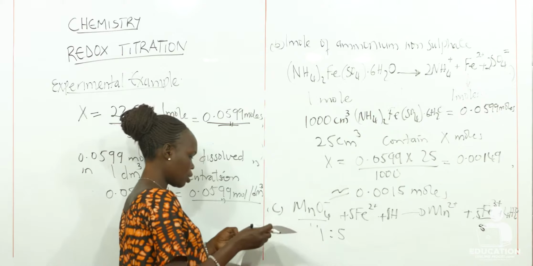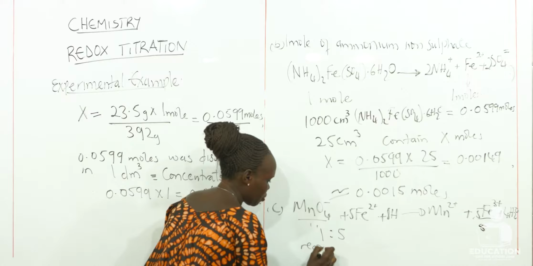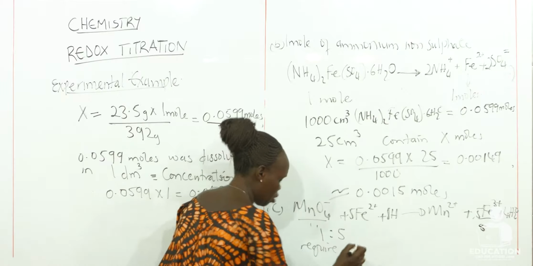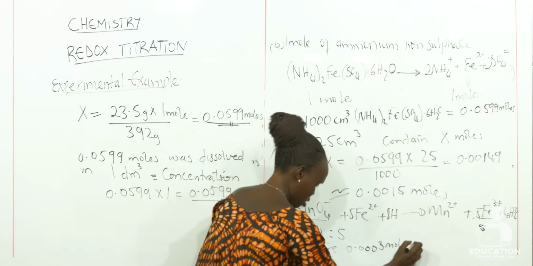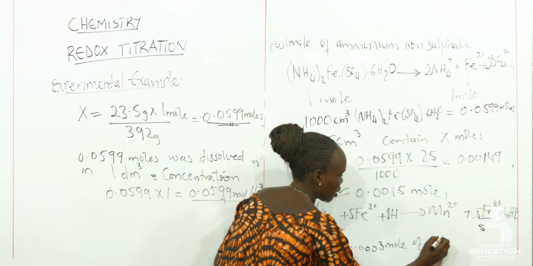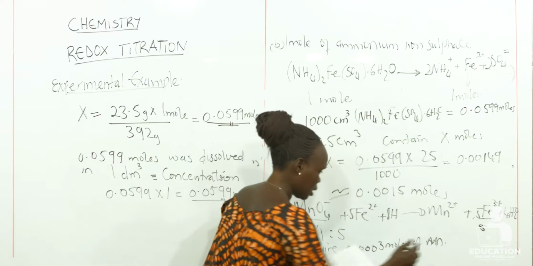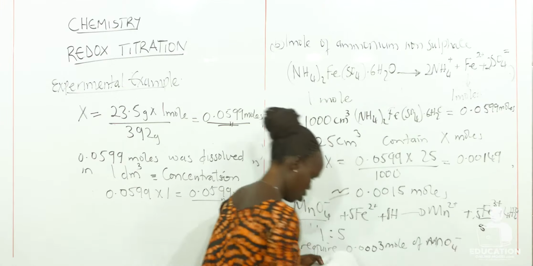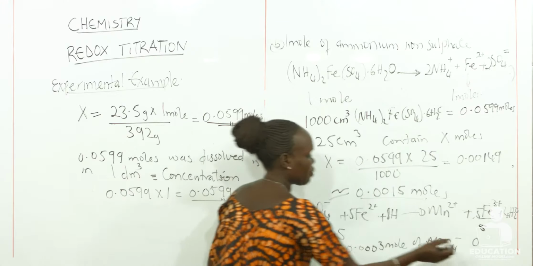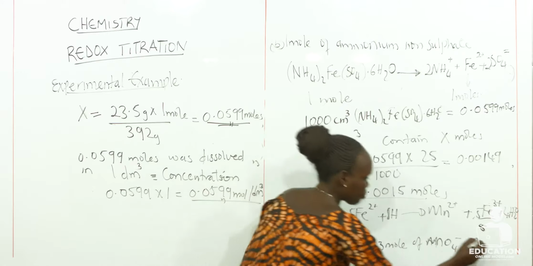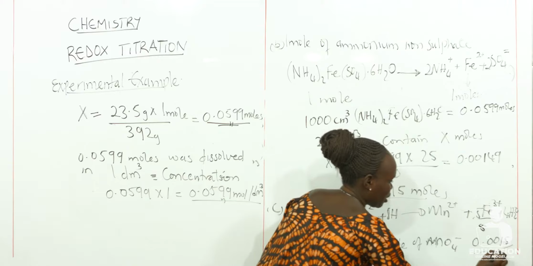So we require to get 0.003 moles of iron(II). We got it from the moles here, then we divide it by 5.